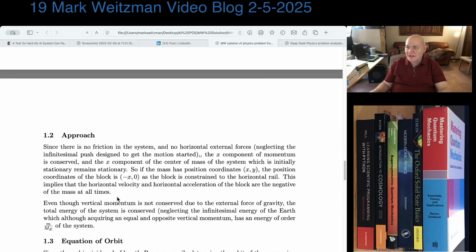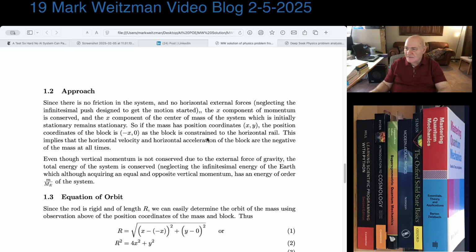So I outline my approach: because the center of mass is stationary, if the mass, the one that moves, has coordinates x, y, then the block has coordinates minus x, 0. The block always is on the rail, so it has a vertical coordinate of 0.